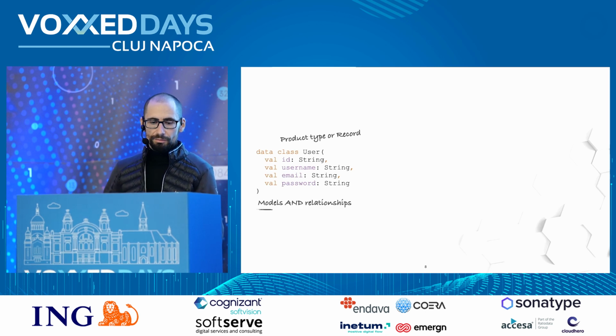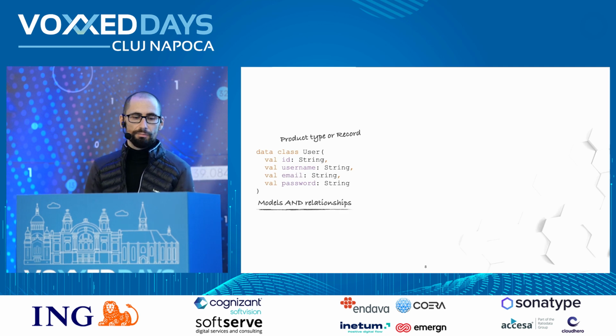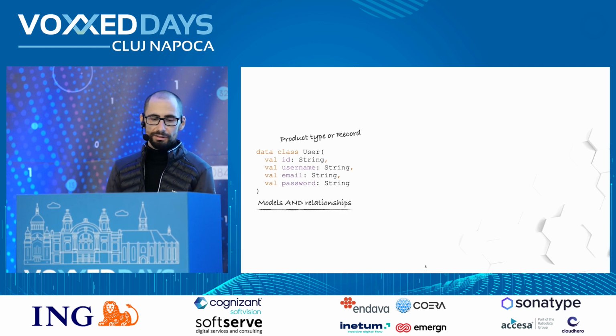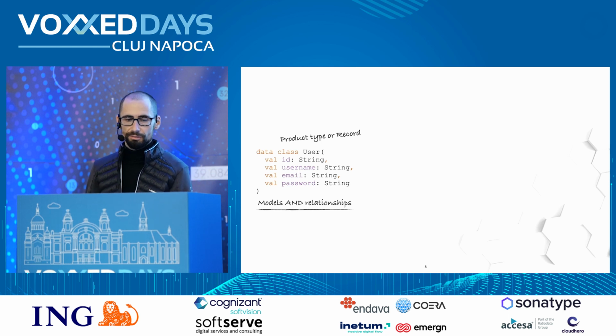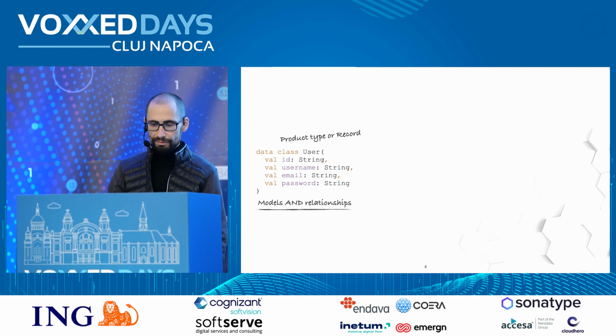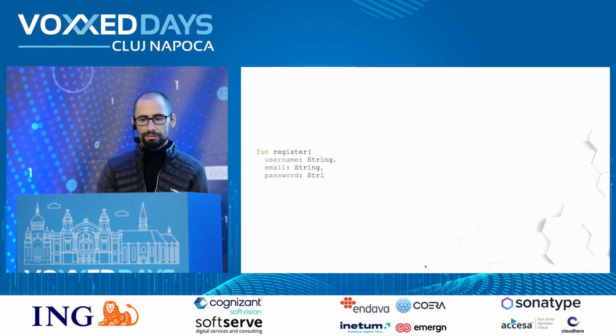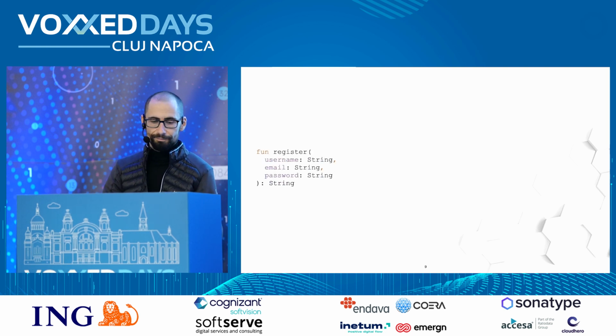They're called product types because they model "and" relationships. So when you see something modeled as ID and username and email and password, these are product types or records.